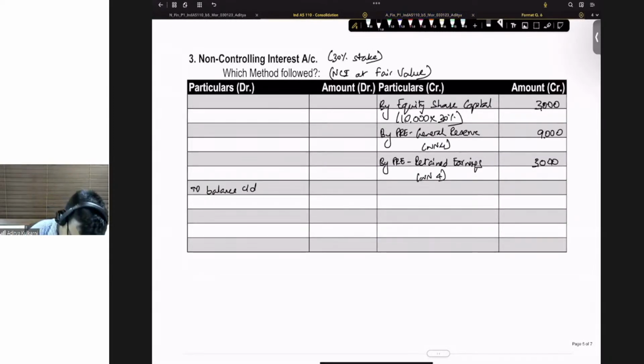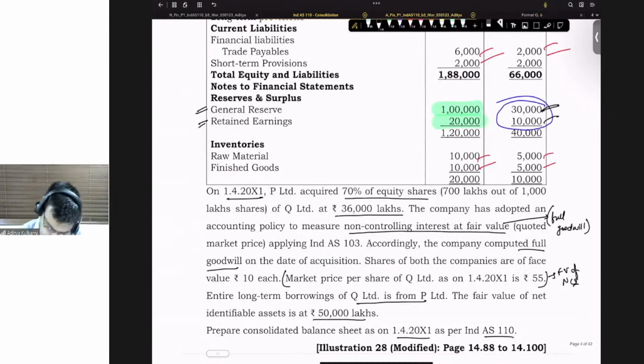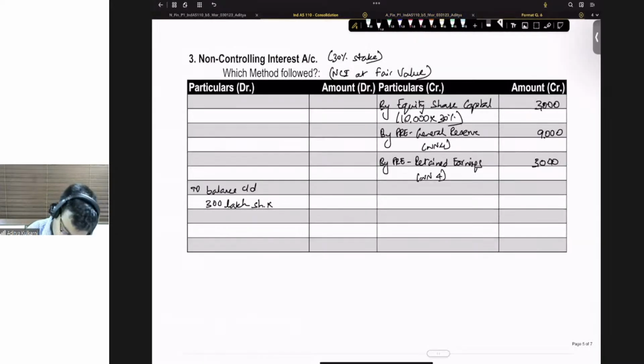So 300 lakh shares. And somewhere they have given the fair value to be rupees 55 per share. So 300 into 55, this gives you 16,500.